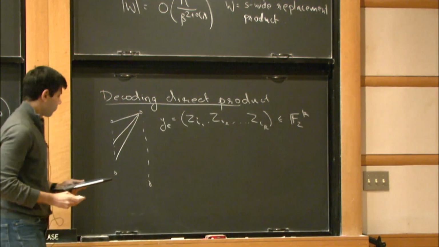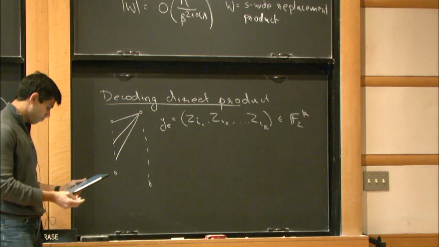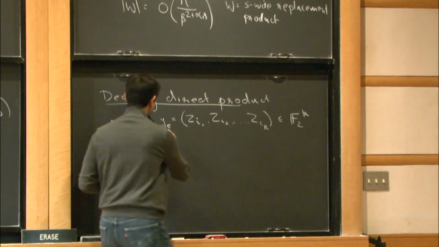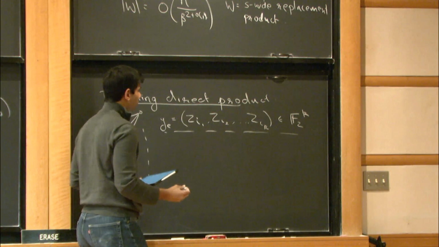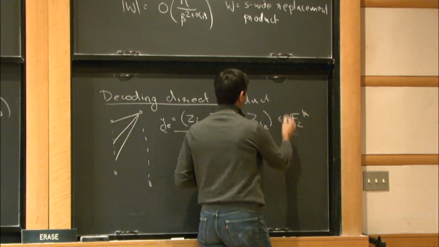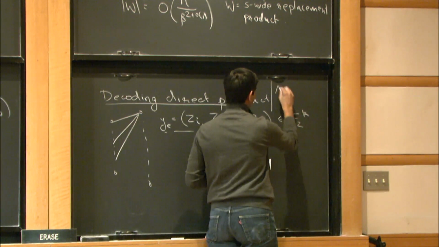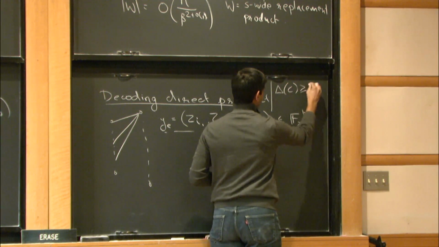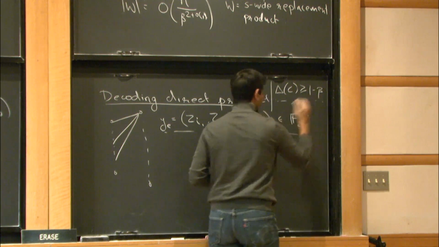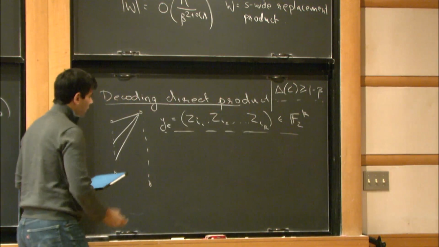So it's over a larger alphabet. And because the alphabet is large, you want the distance of the code to be maybe more than 1 minus beta rather than close to half.